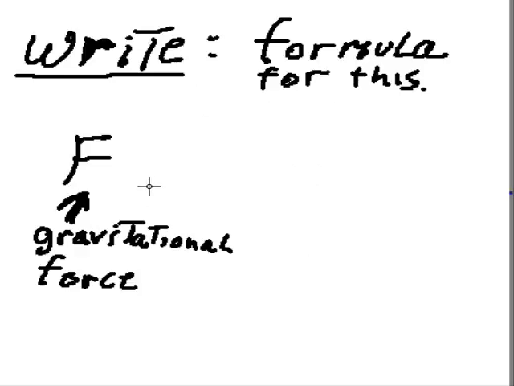So the next one is to write a formula for this. F, the gravitational force. This guy is what? Well, it's inversely proportional to something. So there'll be a number there, and it's going to be inversely proportional, 1 over something. Inversely proportional to what?